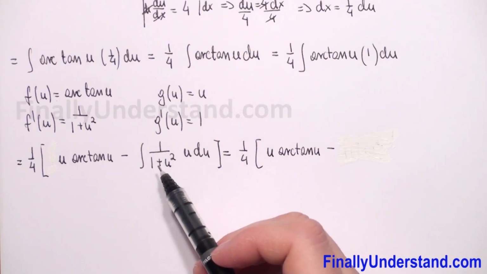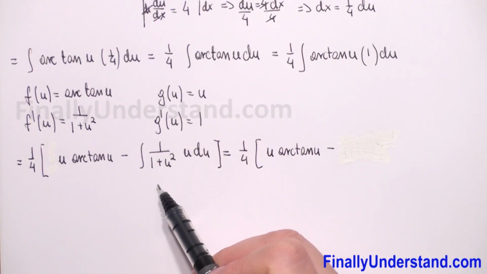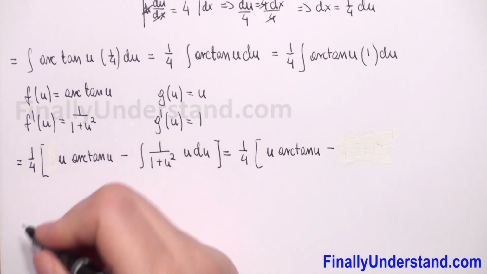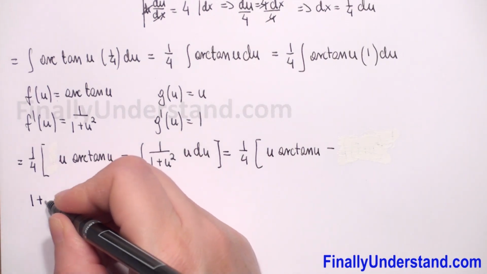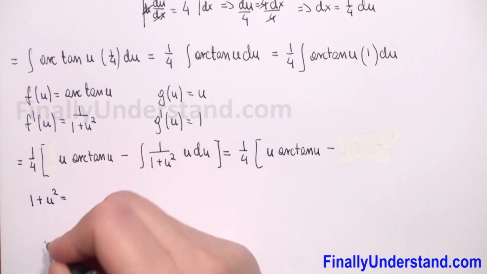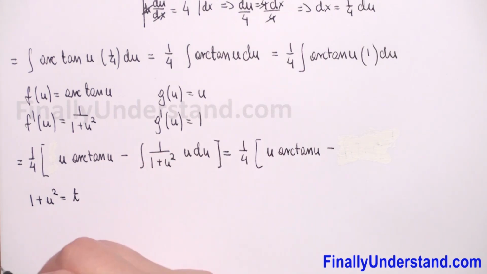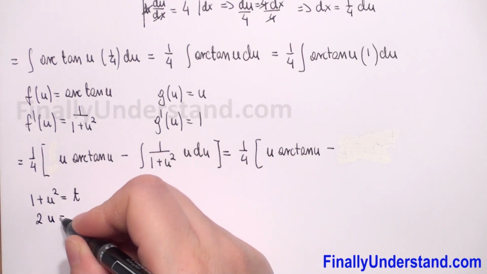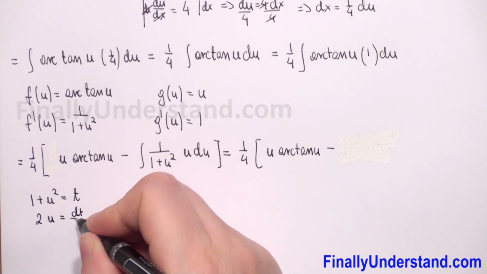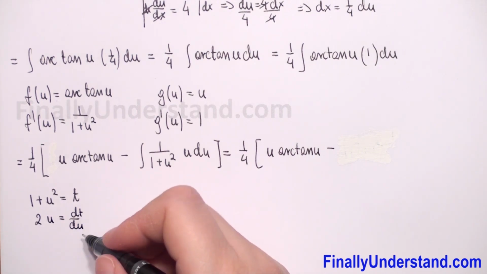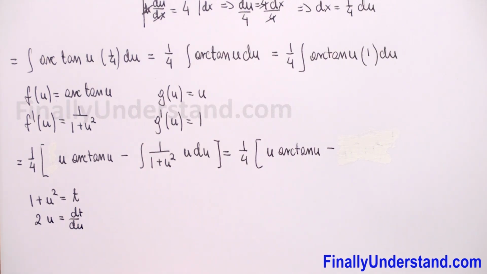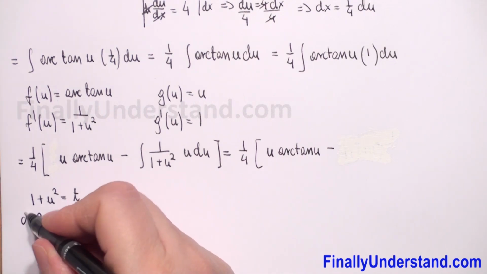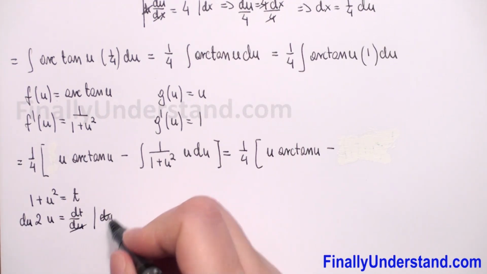minus. And now to solve this integral we will use the substitution method again. So let me put that 1 plus u squared is equal to t. So we have 2u is equal to dt over du. We have to multiply by du now, both sides, to remove the denominator.